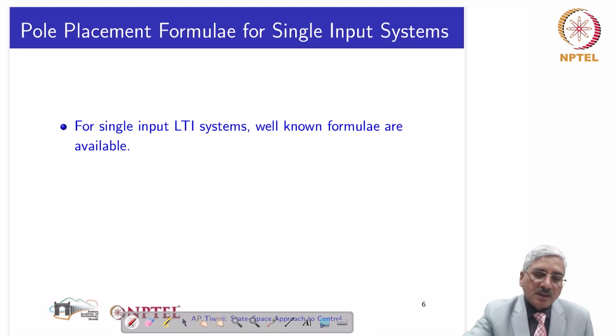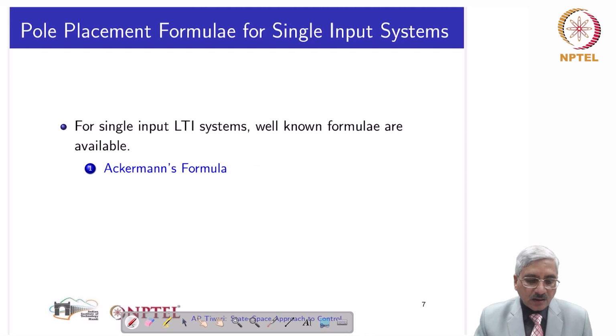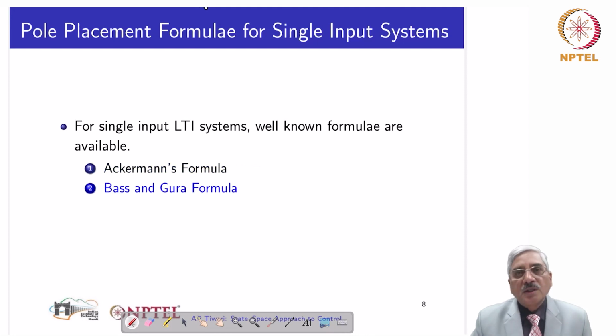Now these formulae, devised one by Ackermann and the other Bass and Gura formula, take care of that transformation implicitly, and that is why they are very useful in pole placement for single input systems, those systems whose system matrices are not in companion form.